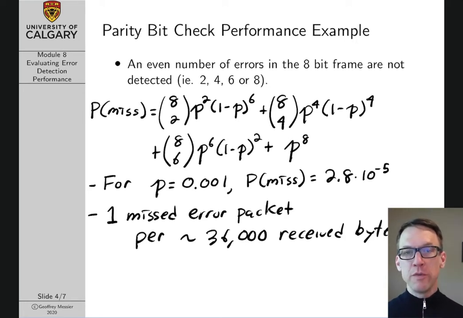So most of the file transfers that we perform over the internet are larger than 36,000 bytes. The average web page size is into the megabytes. Certainly if we're transferring an app, it's way bigger than 36 kilobytes. And so we would be sending bad bytes up the protocol stack without noticing them much, much too frequently.